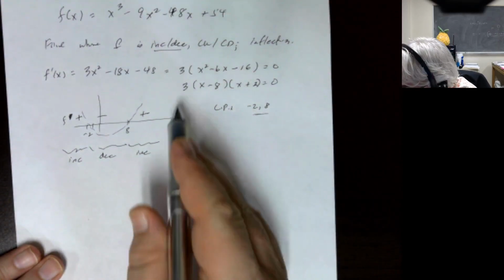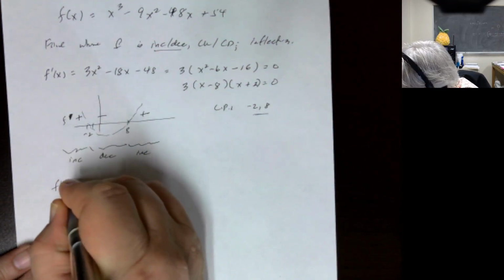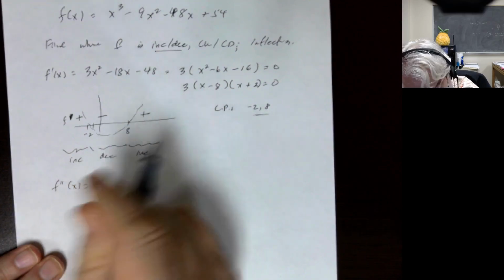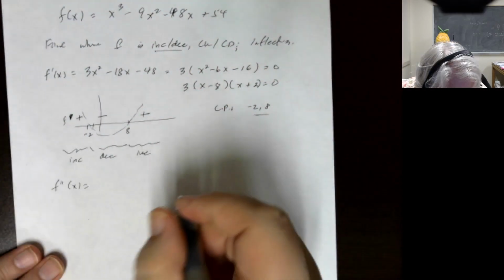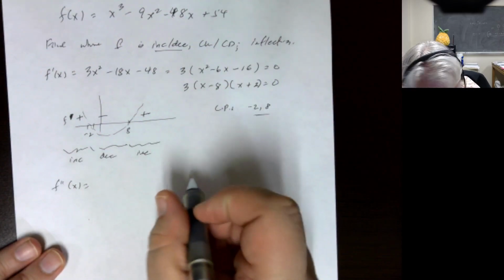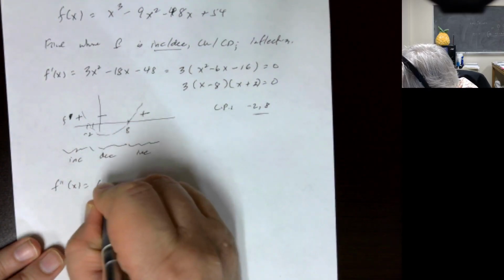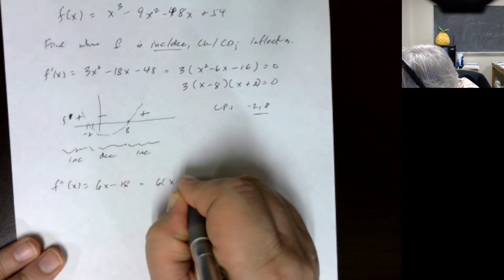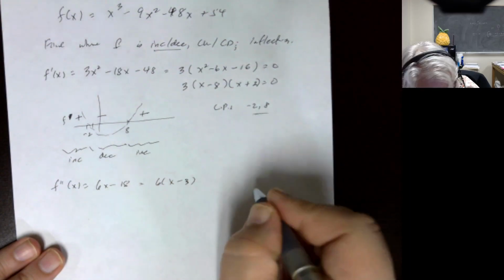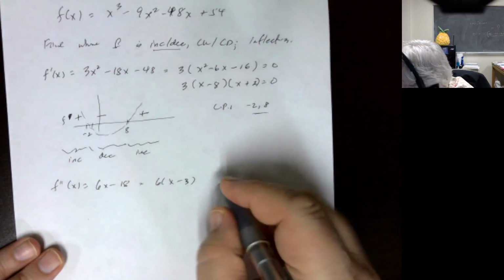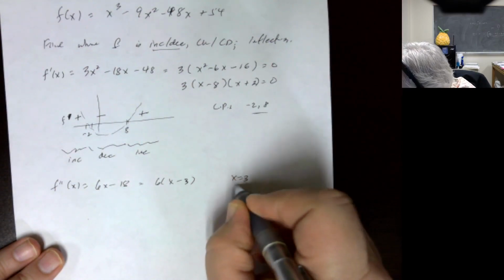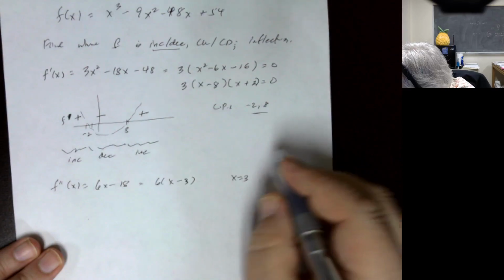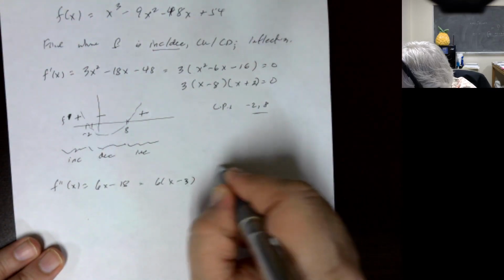Similarly, let's go ahead and take the second derivative. That's 6x minus 18, which is 6 times x minus 3. So x equals 3 is where the second derivative is equal to 0. We don't really need a full number line for this.